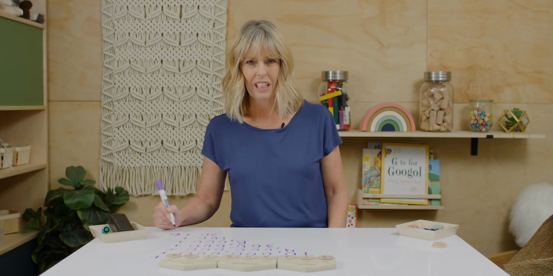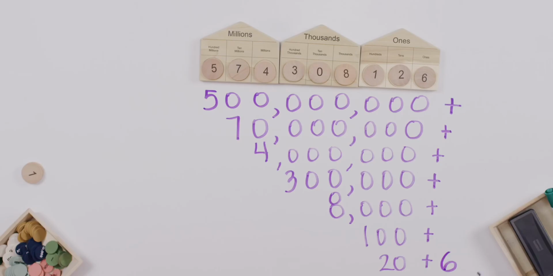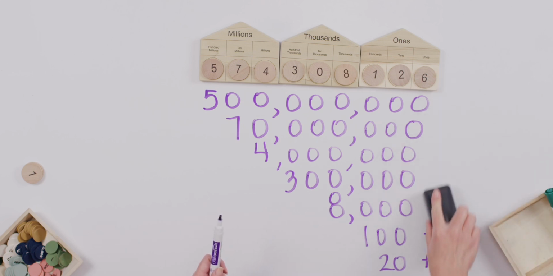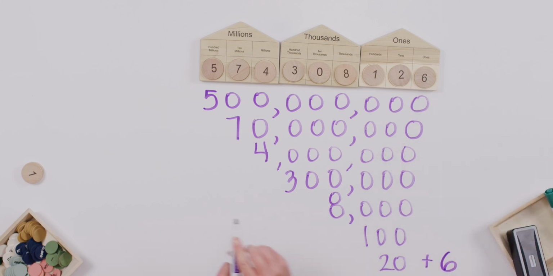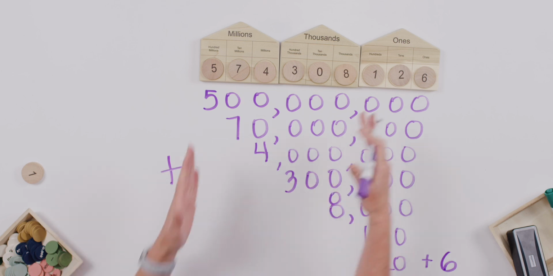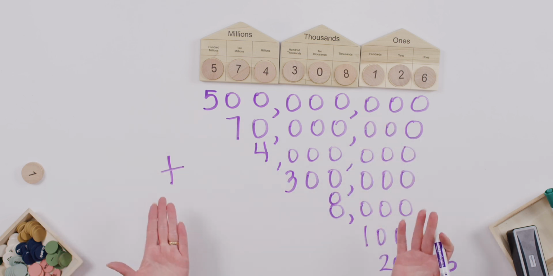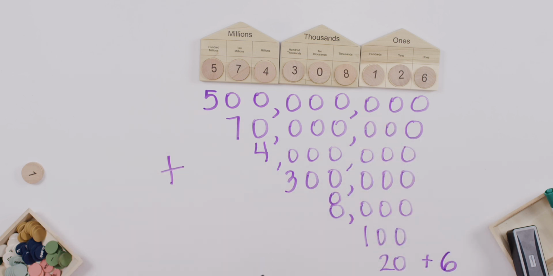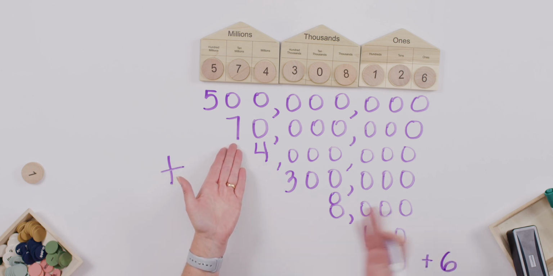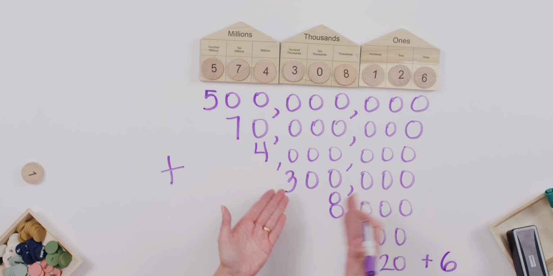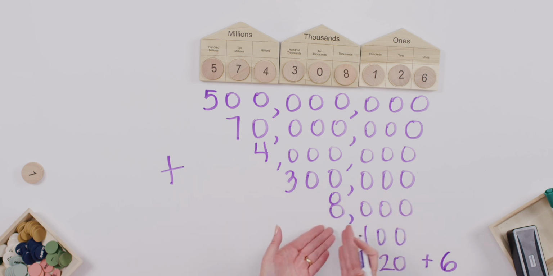We're going to squeeze it over here because of our board here. Now I'm going to erase my additions all over here, and I can always put my big addition sign over here and add these up. But in expanded form, this is how it would look. 500 million plus 70 million plus 4 million plus 300,000 plus 8,000 plus 100 plus 26. All right, great review, you guys.